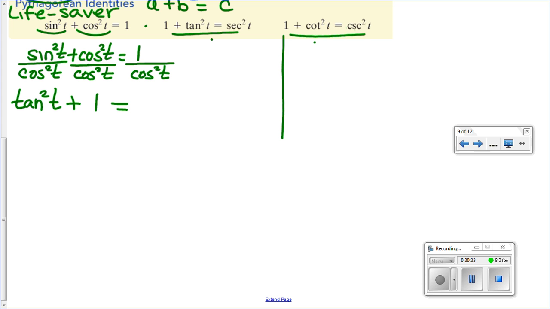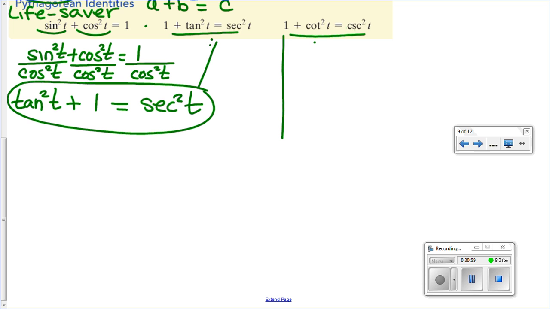Look again. 1 over, starts with an S. Oh, the sine? No, no. Other one, right? Secant. Secant square of t. And so that one is here.